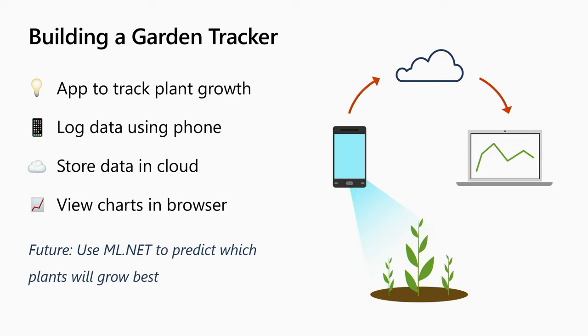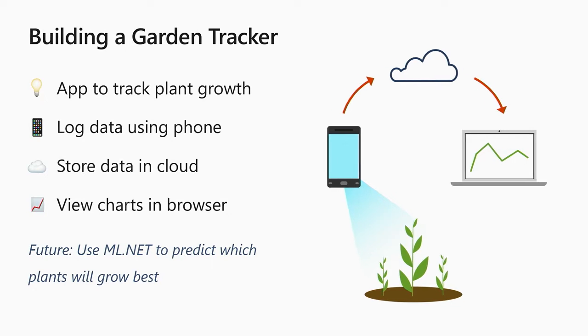We send the data to the cloud, and then we display that data in a web browser. And we have a bunch of ideas about other cool things we could do in the future, like using machine learning to predict which plants would grow better in certain scenarios, or bring the data back down into the app to visualize it there. But we're going to build this pretty much from scratch in half an hour, so we're going to keep it simple.